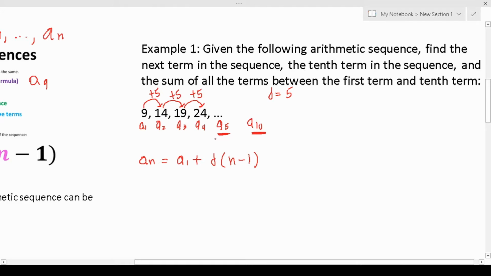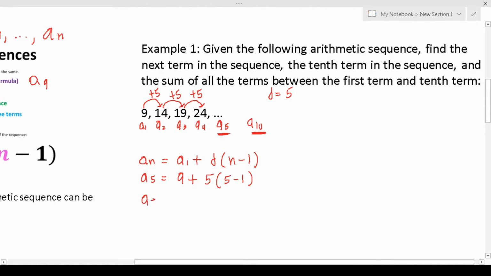In this case, we want to find a_5. So that's going to be a_5 equals a_1. a_1, as we identified earlier, is 9, plus d. d is 5, times n minus 1. Again, n is 5, so this is going to be 5 minus 1. Let's go ahead and work this out.